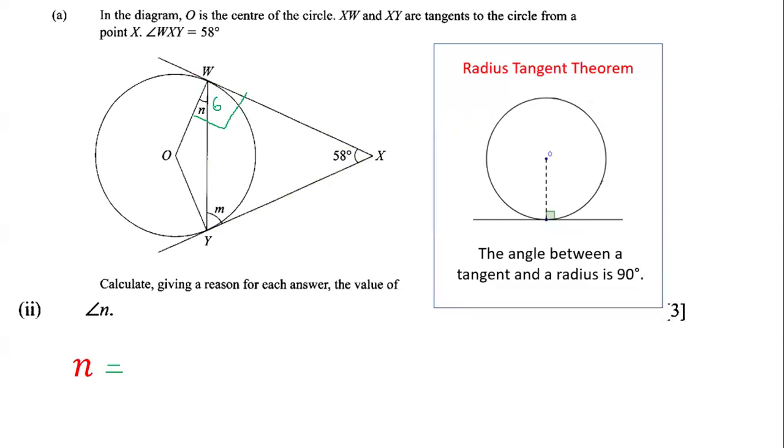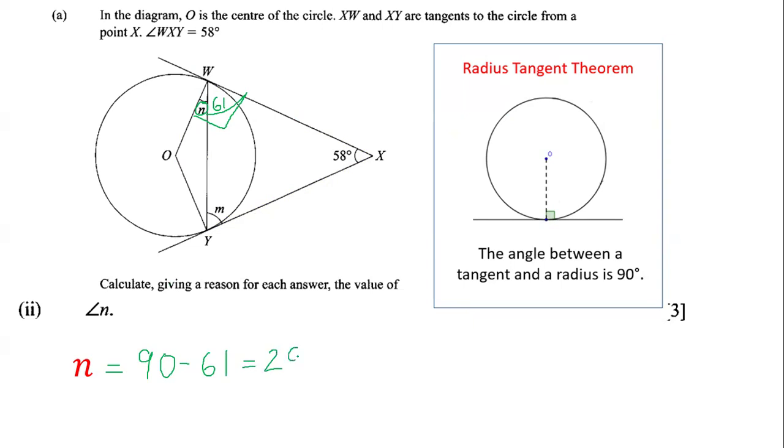We know that this part is 61. So all we need to do is figure out what this part is, and we have to subtract 61 from 90. So we get 90 minus 61, which is equal to 29 degrees.